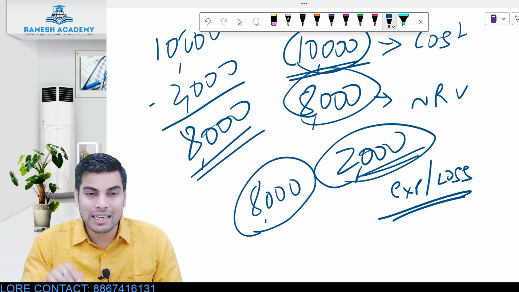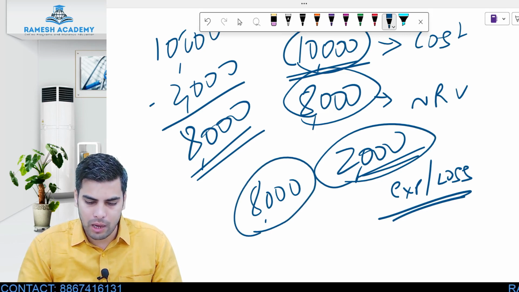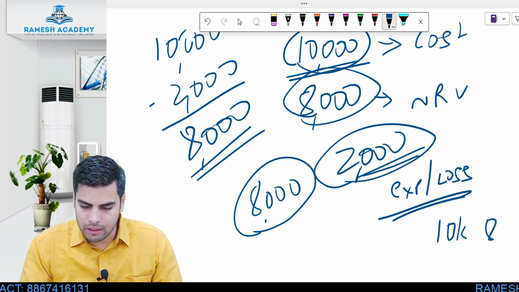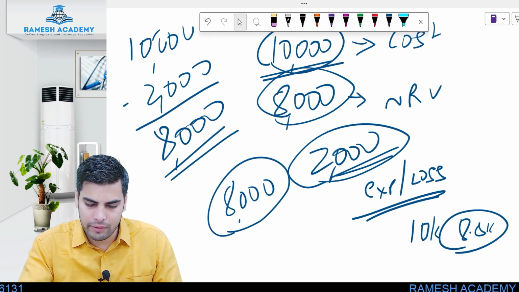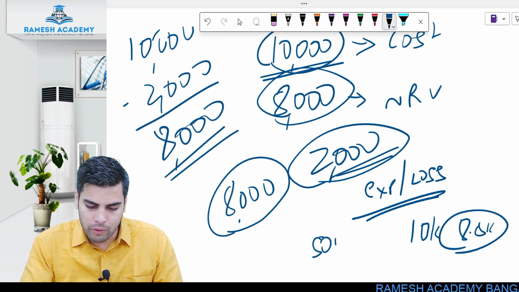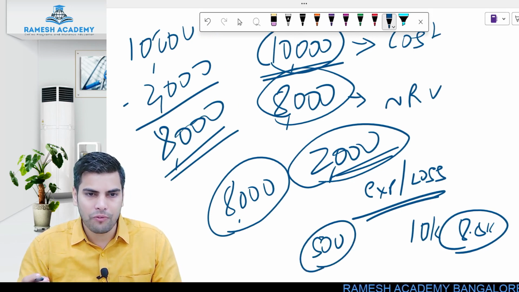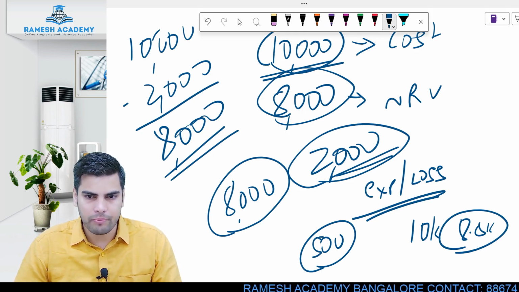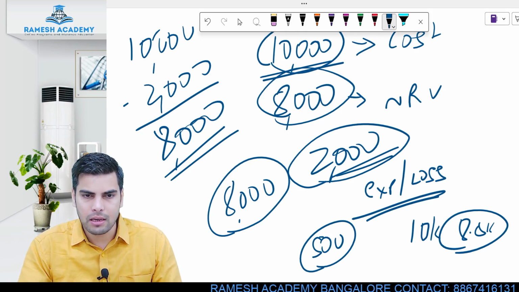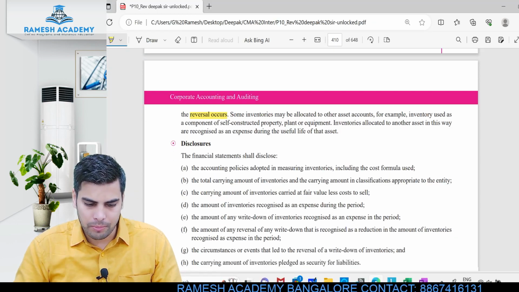Subsequent year, there is an increase in the net realizable value. Cost was 10,000, 8,500 is the net realizable value. So we need to reverse this 500 rupees. Whatever 500 rupees we had reduced from the inventory will be added back to the inventory, as another component of self-made assets. Is this clear? Not much important again.